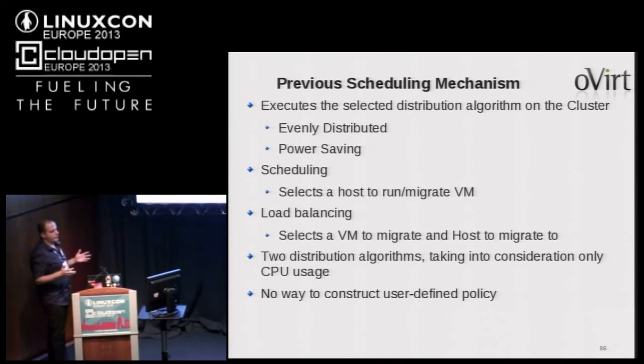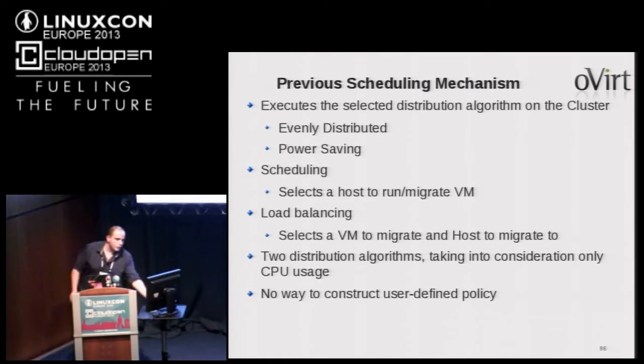The other is power saving, which does the exact opposite: in off-peak hours, not all the hosts are used, and some hosts can even be shut down if needed. These were the policies, and the scheduling mechanism used one of them to decide where the VM should run.